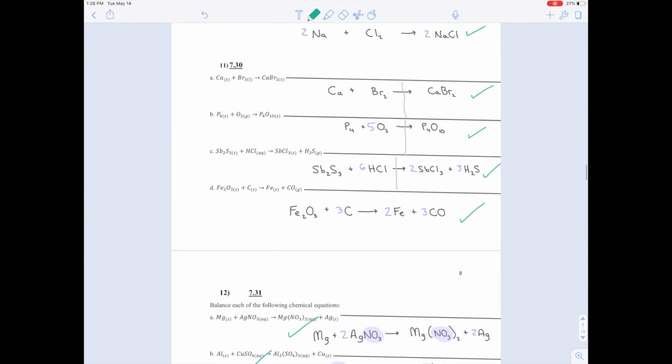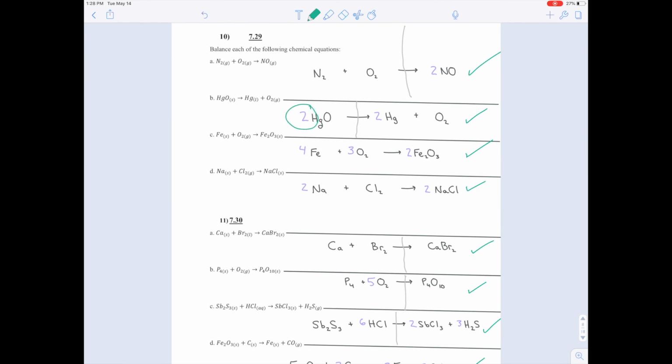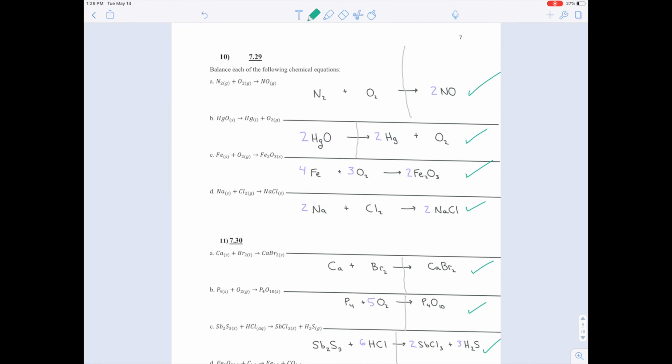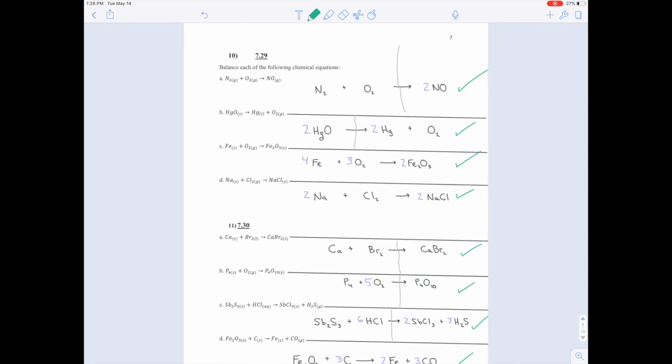But in general, you just work from left to right and make sure there's the same number of things on both sides. The big number in front is the only number you can play with. Don't forget to distribute. That's a common error here. And the idea is that we have these Legos, we can take them apart and put them together in a different way, but we can't create and destroy them. So there have to be equal numbers of each type of Lego, of each element, on both sides of any equation.